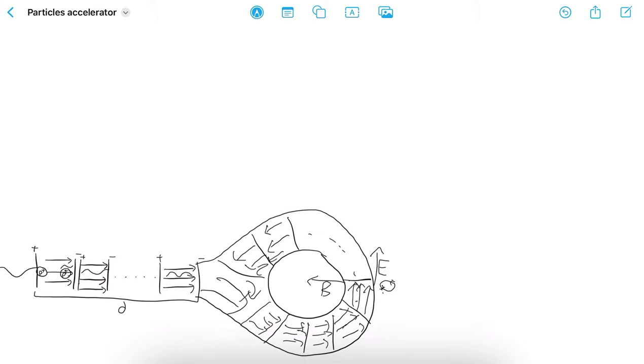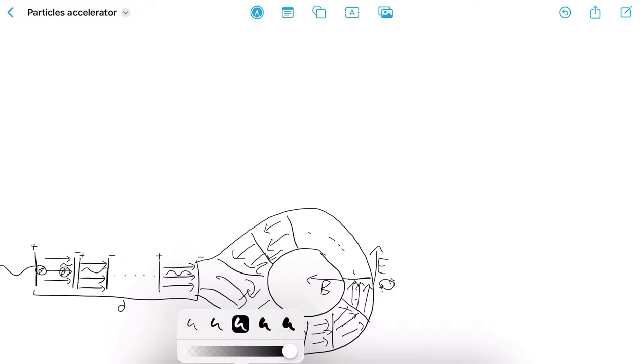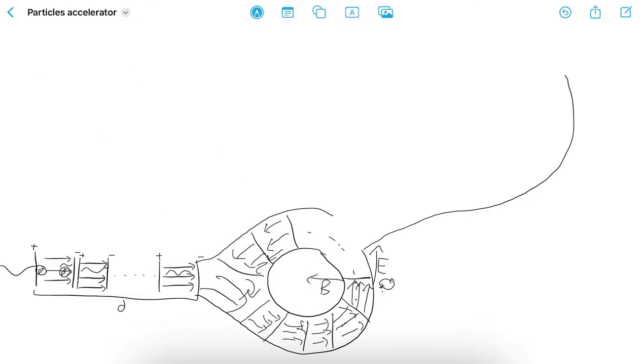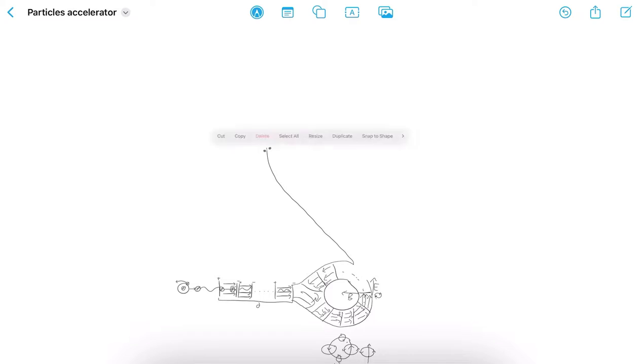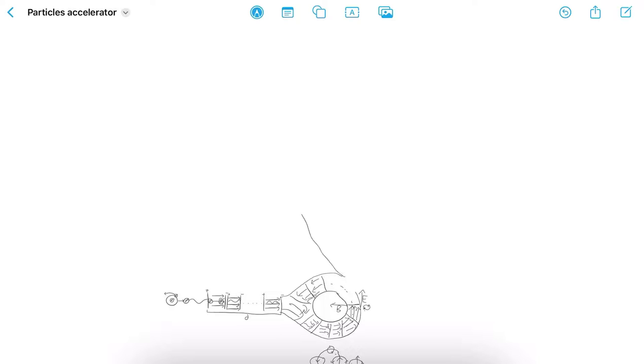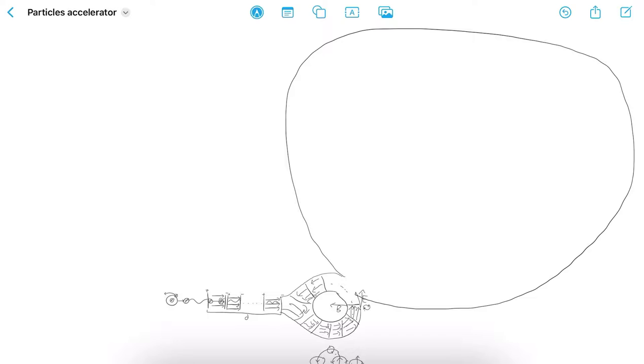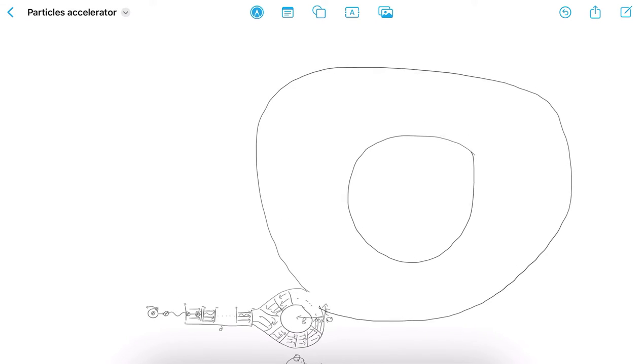Let me illustrate that here. If we imagine the stream of protons traveling along an extremely large loop, which is drawn here.